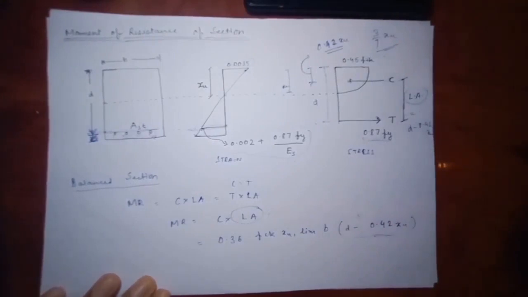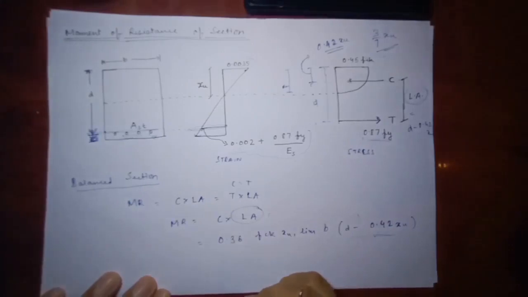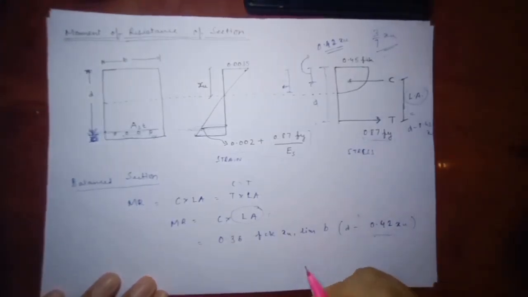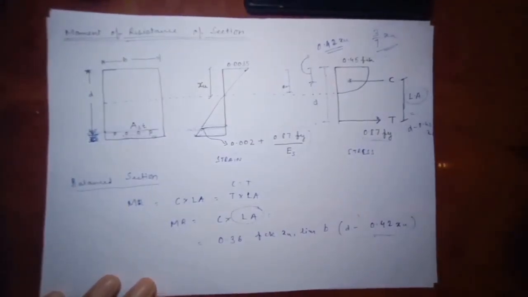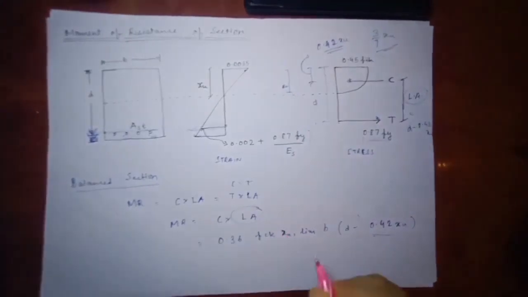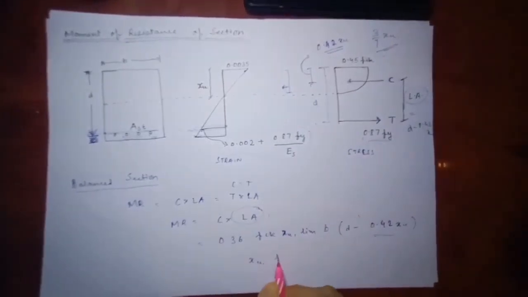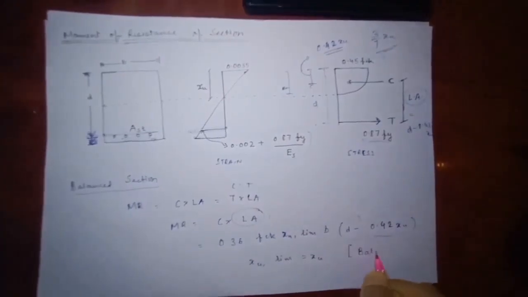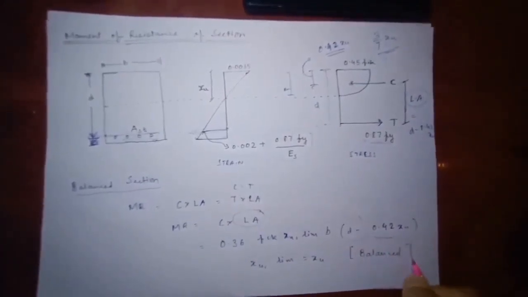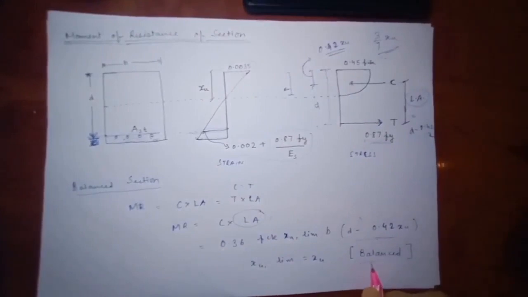So now if I am solving this, putting XU limit is equal to XU, because the section is balanced, so this is XU limit, XU limit is equal to XU.